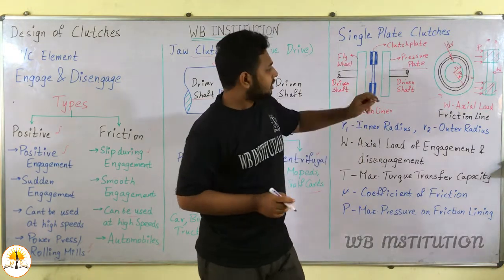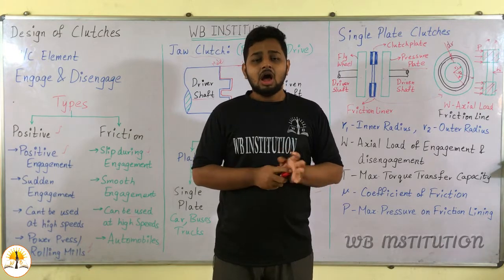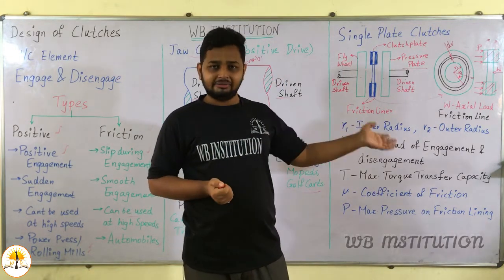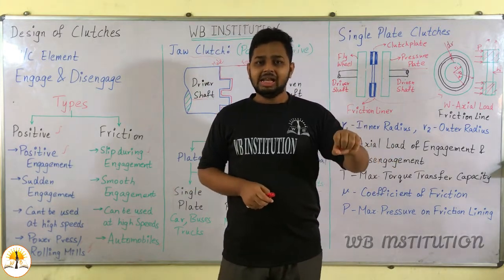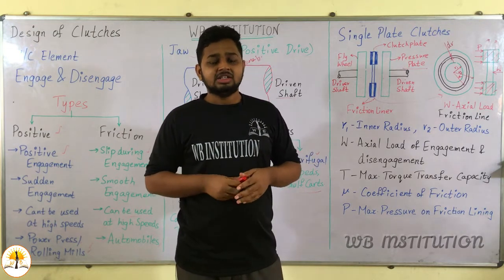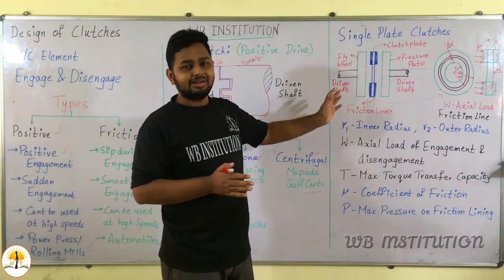That's why, in a vehicle, when you are driving, the clutch is always engaged to the driver and driven shaft. When we need to change the gear, we press the clutch. We pedal on the clutch so that the clutch disengages from the driver shaft.